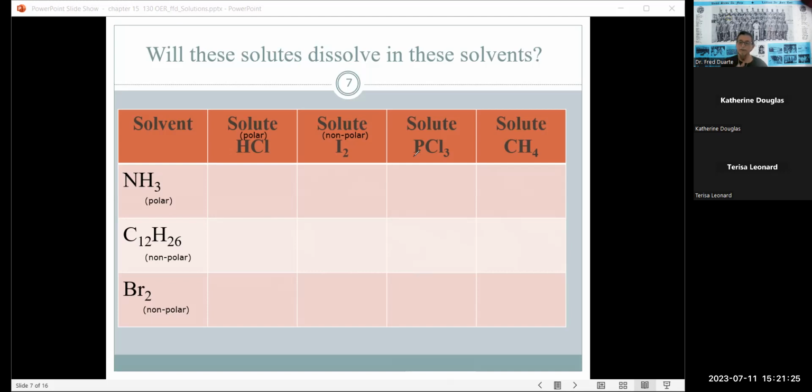They're both in the same group. And being in the same group, when they form compounds, they're going to have the same type of structure, with the lone pair on the central atom. So PCl3 is polar. What about CH4? Polar, nonpolar?